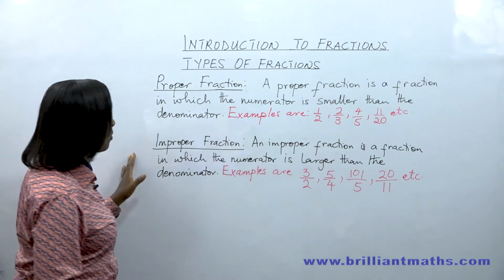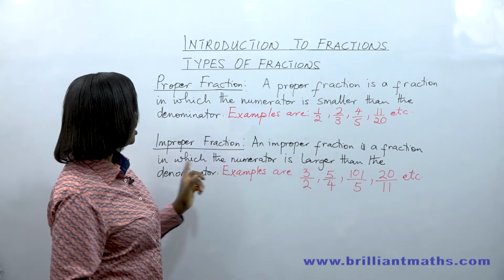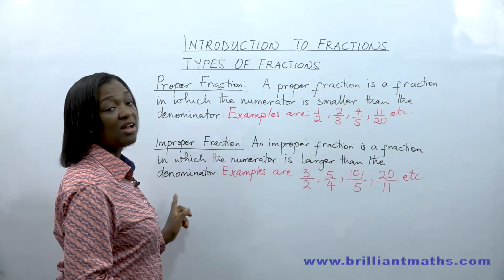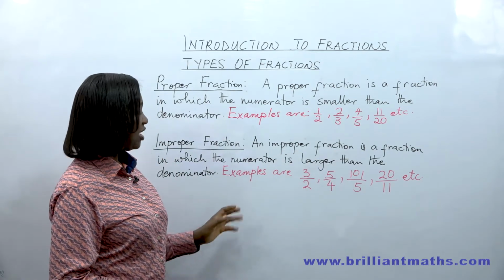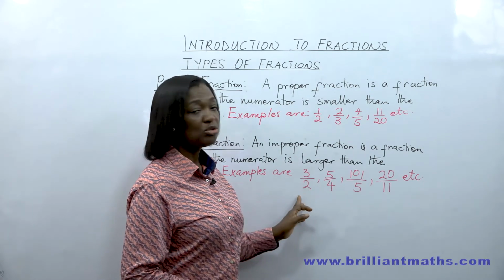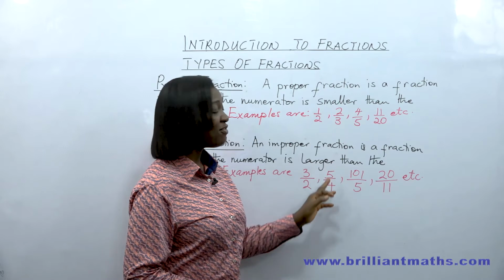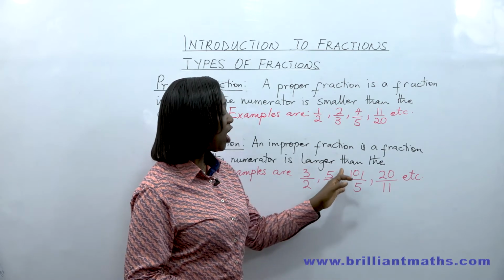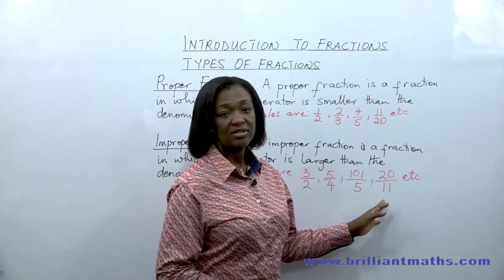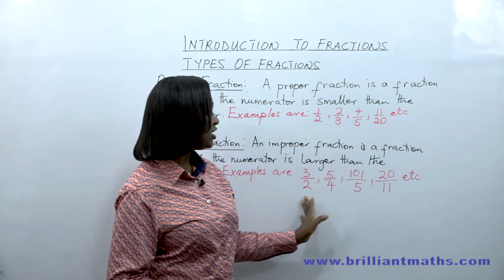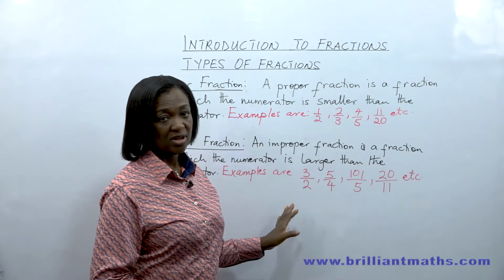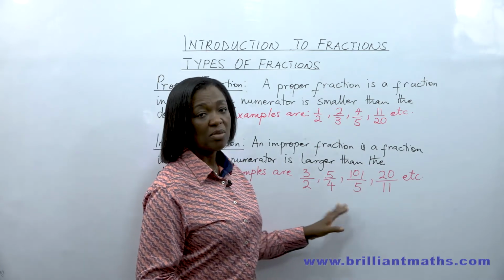While an improper fraction is a fraction in which the numerator is larger than the denominator. Examples of improper fractions are 3/2, 5/4, 101/5, 20/11. You can see that in all these fractions, the numerator is larger than the denominator.